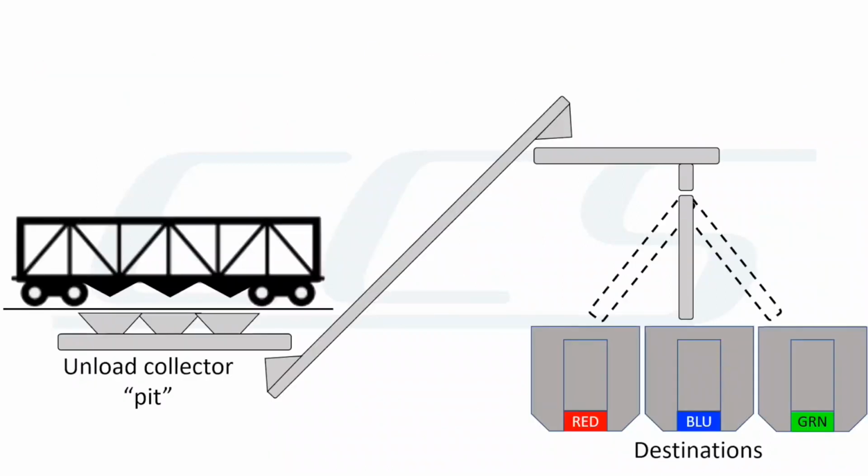Here we have the basic equipment. We have the rail car unloading station, which varies by material. For liquids, this would be pumps. For solids, this could be conveyors, which is what we show here. And then destination storage locations, in this case, hoppers or bins.